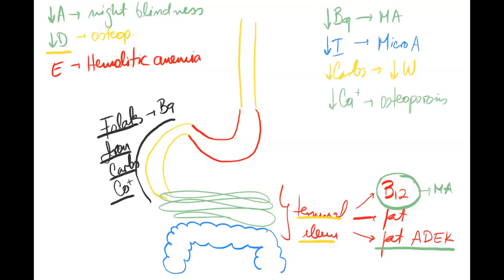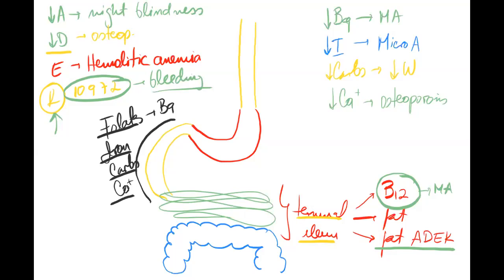And vitamin K is a cofactor for factors 10, 9, 7, and 2 of the coagulation cascade. Those factors, without vitamin K, are not able to work in a perfect way. So we are going to get bleeding problems.